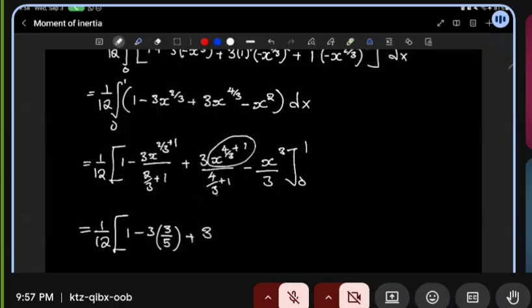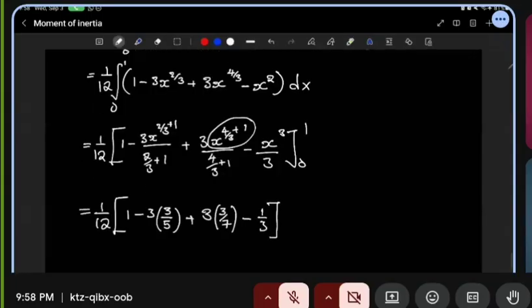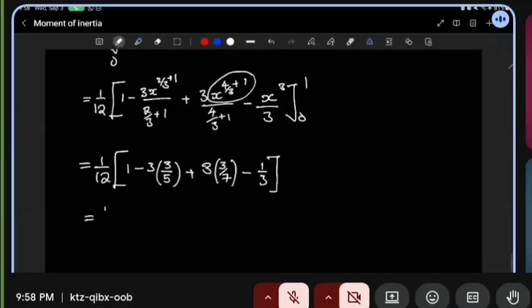So from the denominator, I will have 3 multiply 1, so I have 7 over 3. 7 over 3 becomes 3 over 7. Then minus, this will remain 1 over 3. So 1 over 12, this is now 1 minus 9 over 5 plus 9 over 7 minus 1 over 3.